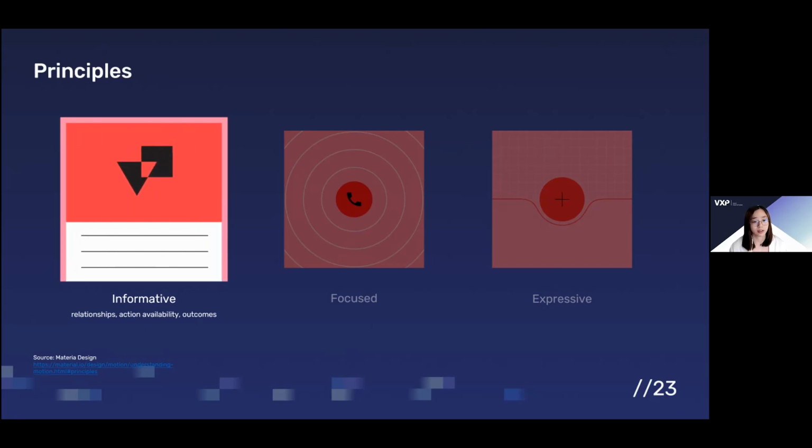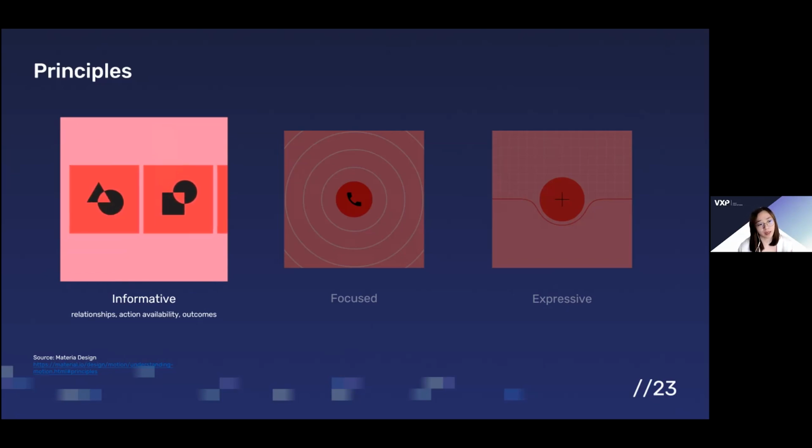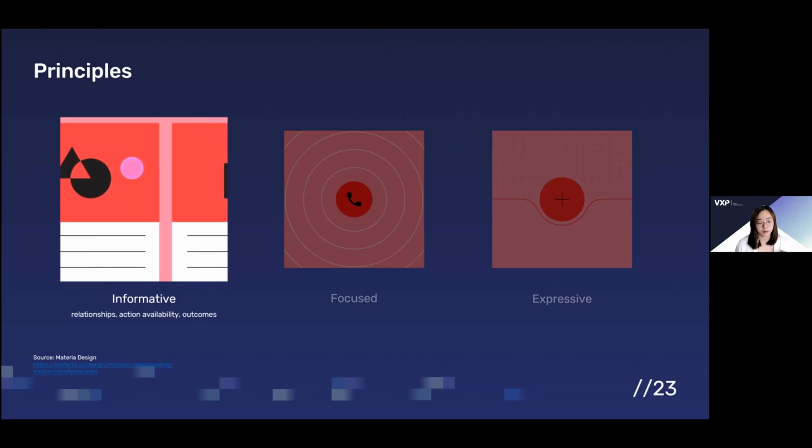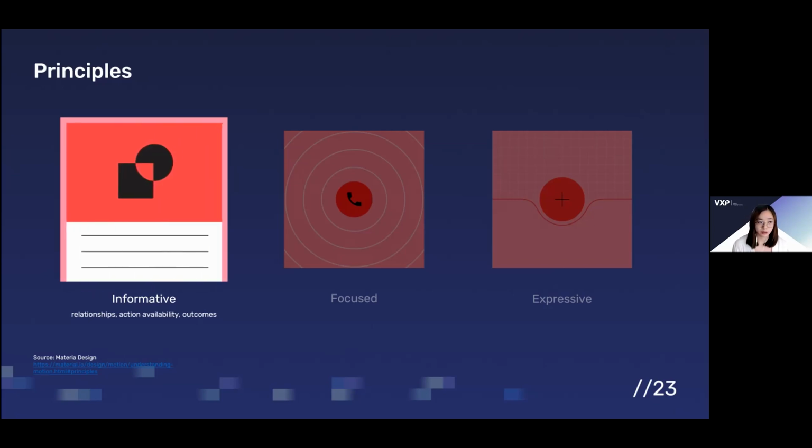It hints the user about where the action leads to. The one example we had before about material design, where you hit a button and it will lead you to another card, is informative.